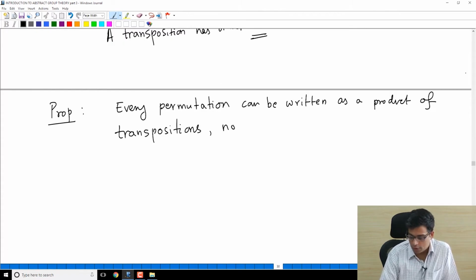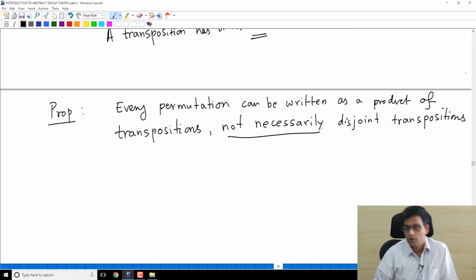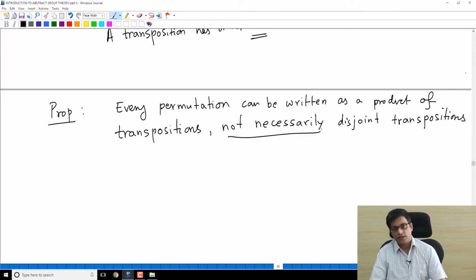But the most important thing to remember is that they are not necessarily disjoint transpositions. So we can write it as a product of transpositions, but in order to achieve this we have to give up disjointness.